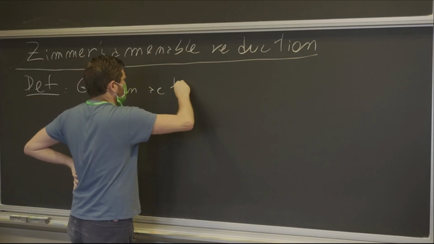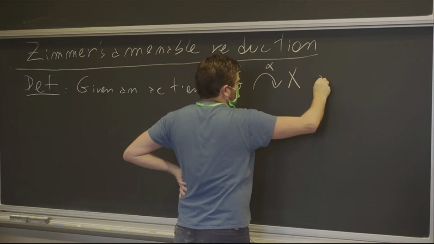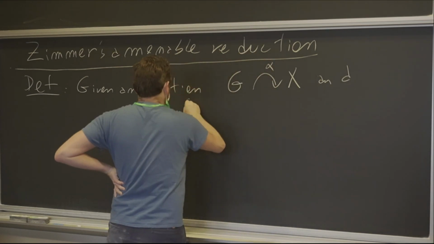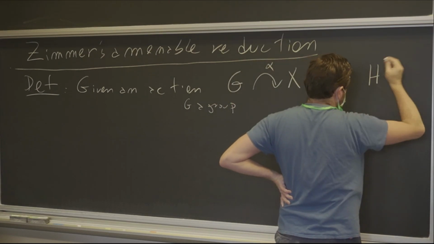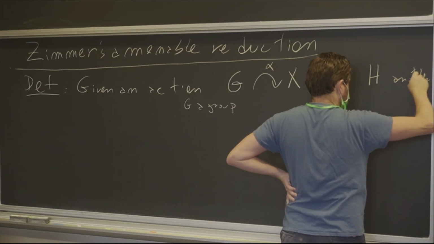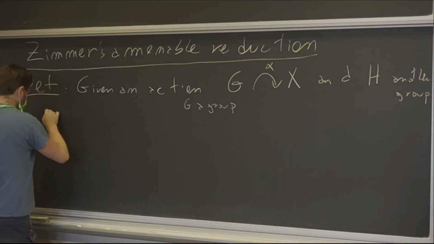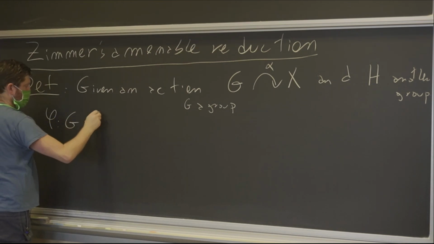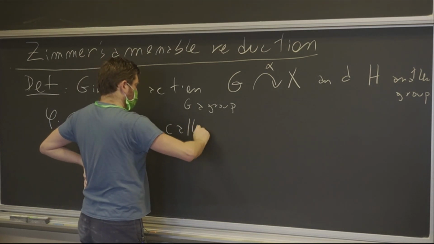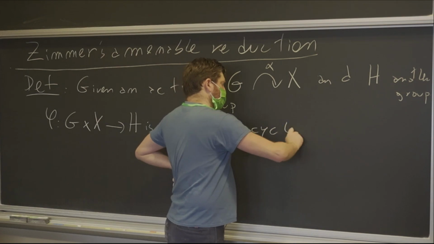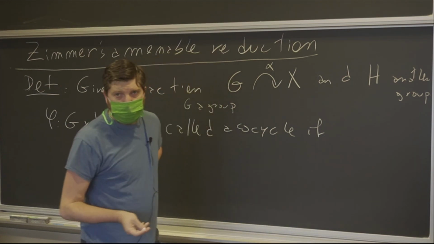So let me do some definitions. An action of a group G on a space X, and H another group. A map phi from G times X into H is called a cocycle if it satisfies the cocycle equation, which is the chain rule, essentially.